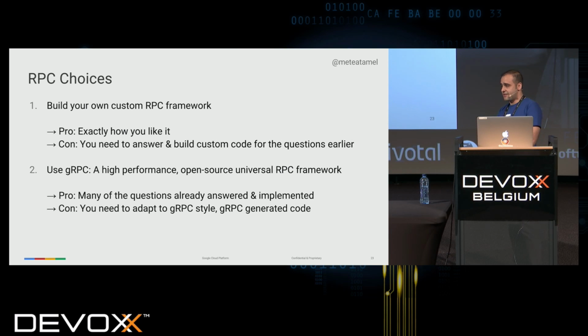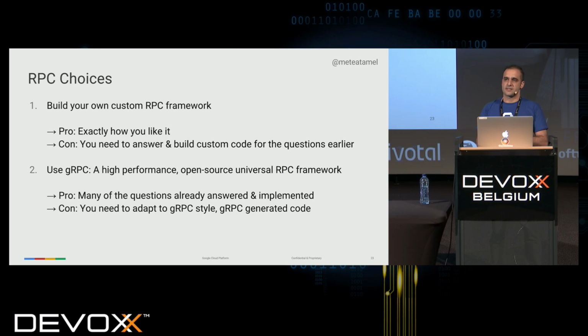At this point, you really have two choices with RPC. You can build your own custom RPC framework, if you have the time and want to invest time and effort into it. The good thing about that is that it is exactly how you want it to be.